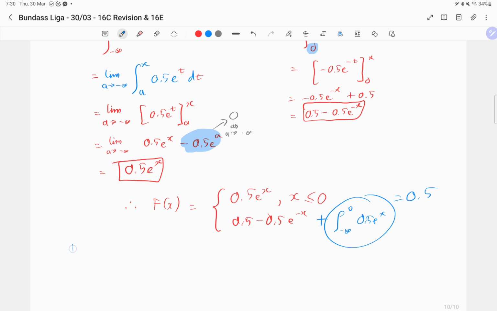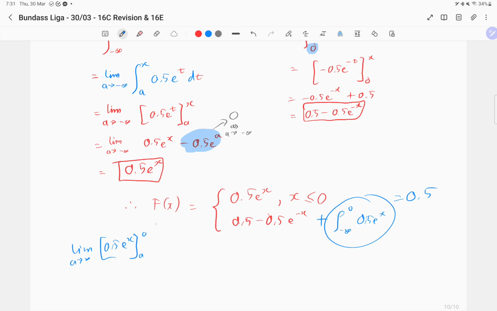If you were to actually calculate it, that would be the limit of a to negative infinity of anti-deriving from a to 0, so that would be 0.5 e to the power x from a to 0.